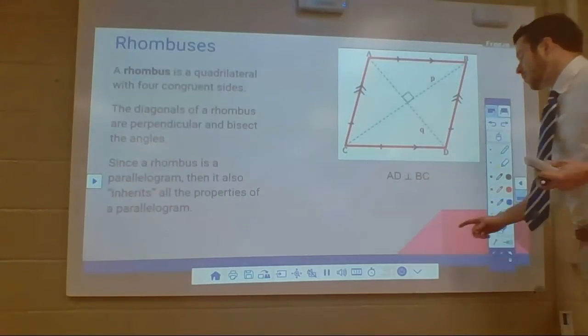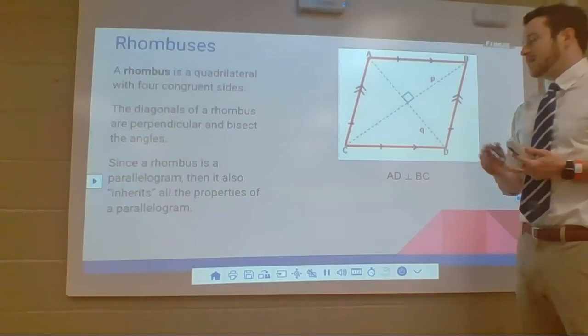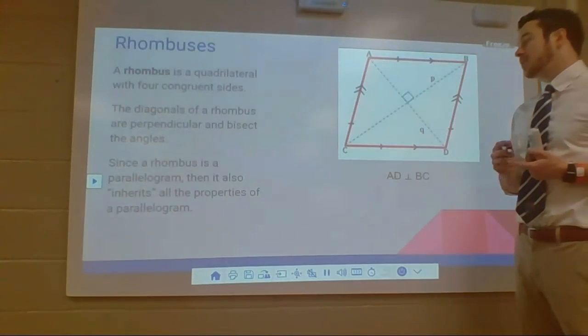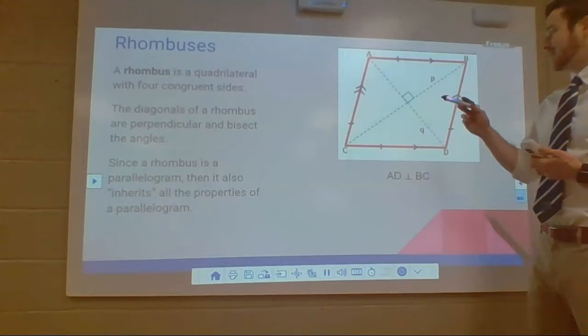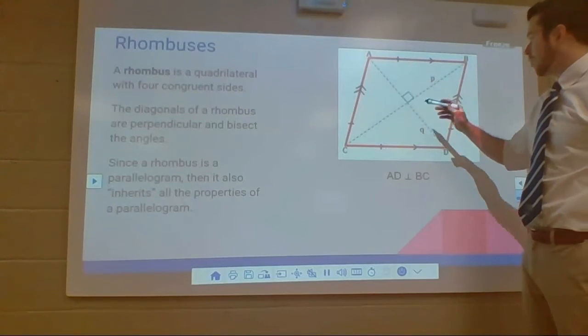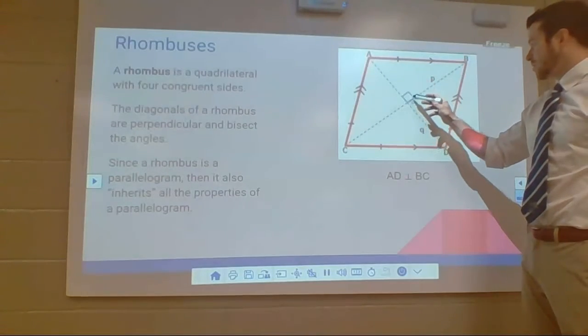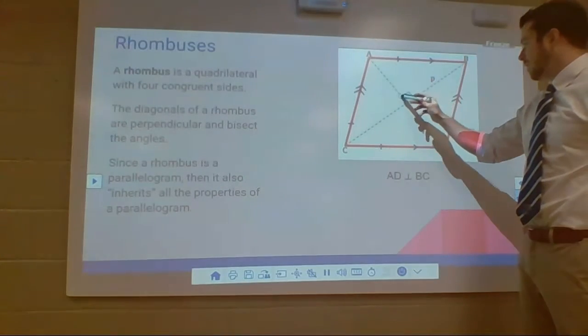Now, remember, a rhombus is a quadrilateral with four congruent sides. The diagonals of a rhombus are perpendicular and bisect the angles. So, get this. The diagonals of a rhombus are perpendicular. Perpendicular means where they intersect, they form 90-degree angles.